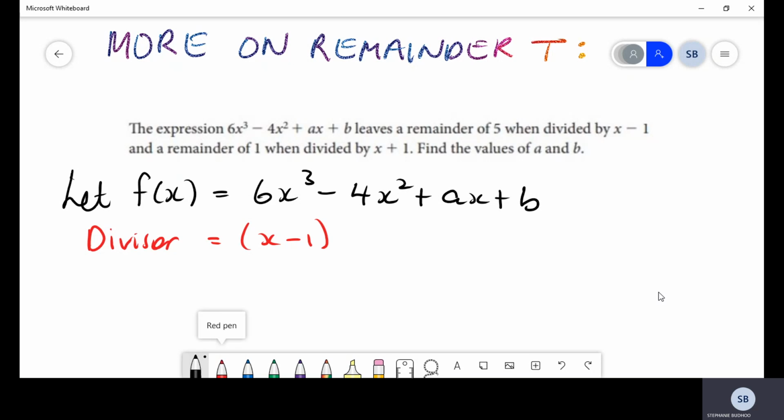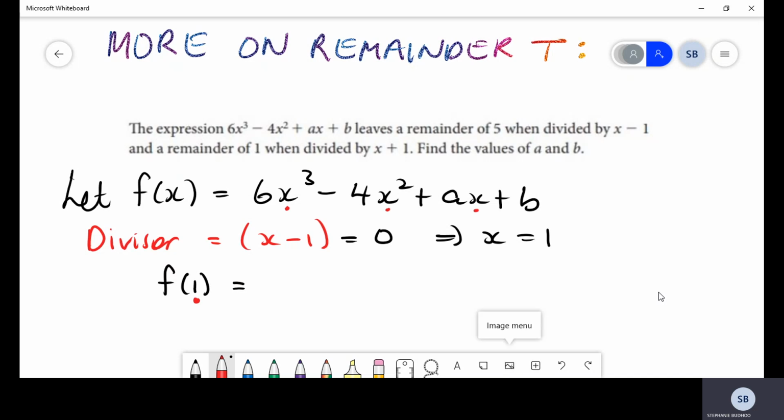So what I can do, in most cases, you can set your divisor equal to 0 and you can get that value of x to be equal to 1. And then next step, you want to find f of that value that you have found, f of 1. So we're going to find f of 1 by simply substituting this value into all the relevant positions into our function f of x.